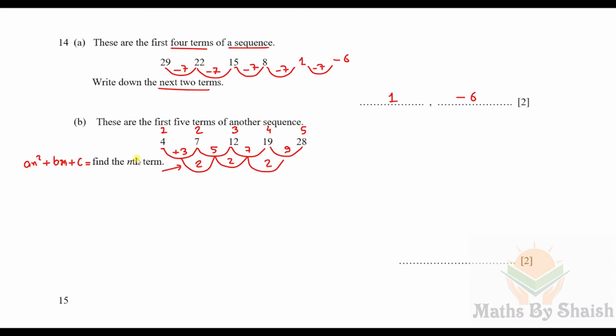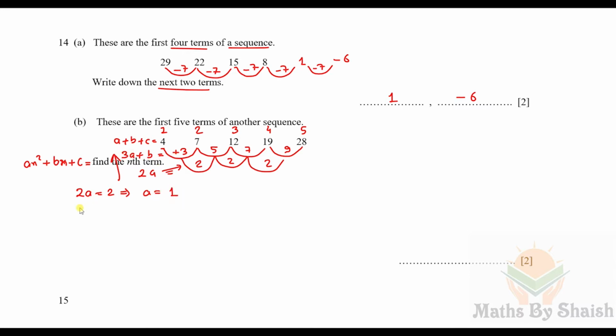So we can put n equals 1. We get a plus b plus c equals 4. And the next difference we can calculate, and it is going to be 3a plus b, and the next difference is 2a equals this. So in the reverse process, we'll get 2a equals 2 means a equals 1.